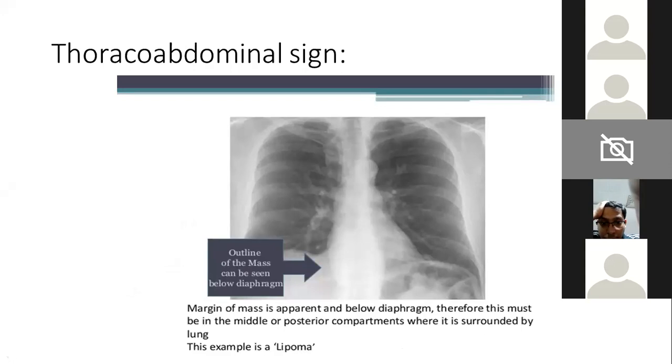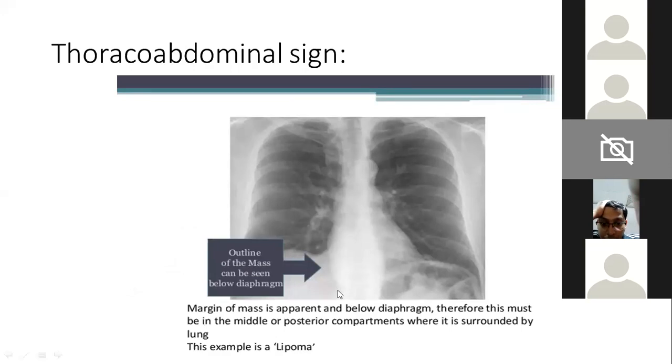Now there is another thing called the thoraco-abdominal sign. So what does that mean? If a lesion is extending, again with a well-defined margin, below the level of the diaphragm, where is it located? It is located in the posterior mediastinum, because there is some air lining the mass.